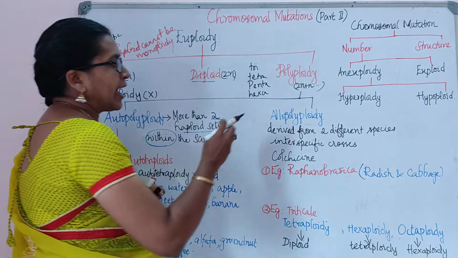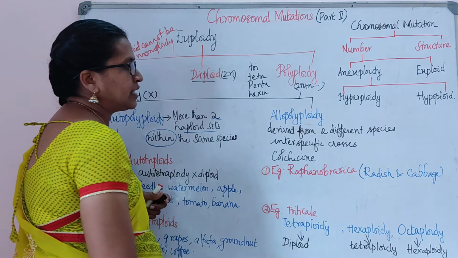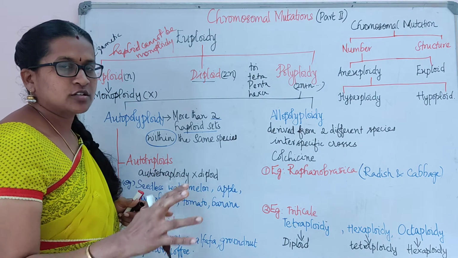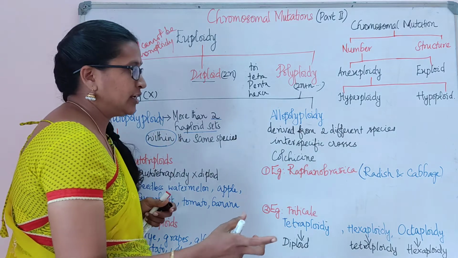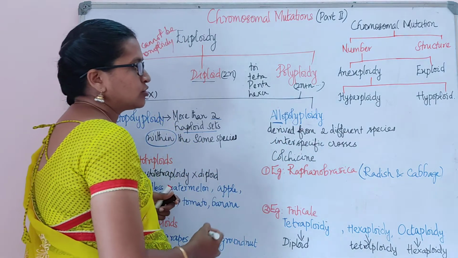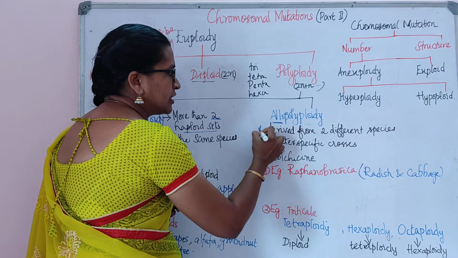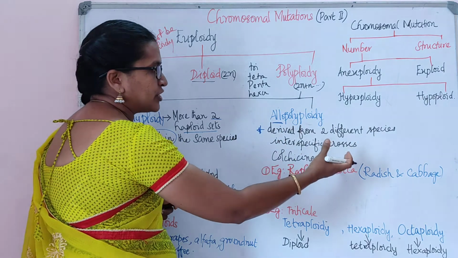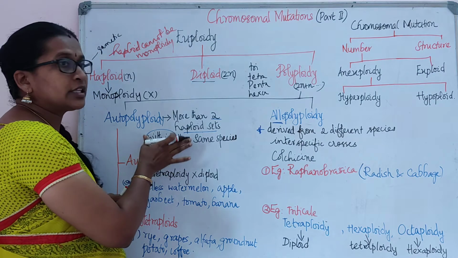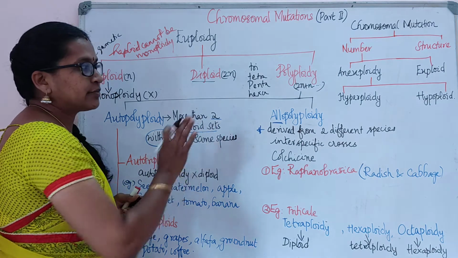Okay, so in allopolyploidy what is happening is, when two different species are crossed to induce polyploidy, there will be an allopolyploidy. So the first thing is, it is derived from two different species. Here in autopolyploidy, they are within the same species.